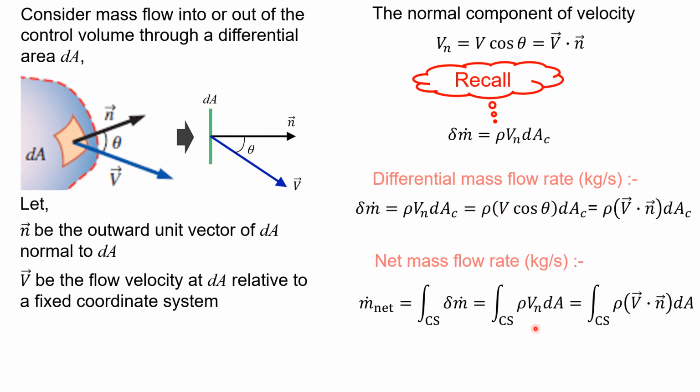Similarly for the other two. If the value of vector V is given and n is given, you can only select this. In this lecture note, we are just showing all the available formulas for you to consider.